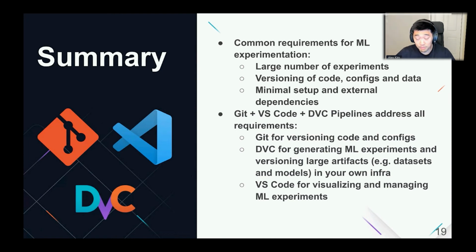The proposed combination of Git, VS Code, and DVC pipelines addresses all these requirements. We use Git for versioning code and config. We use DVC for generating many machine learning experiments, as well as versioning large artifacts such as datasets and models in our own infrastructure. As I mentioned, typically there would be some kind of cloud bucket. And then we use VS Code and the DVC extension for visualizing and managing machine learning experiments. And again, it's all open source and free to use.